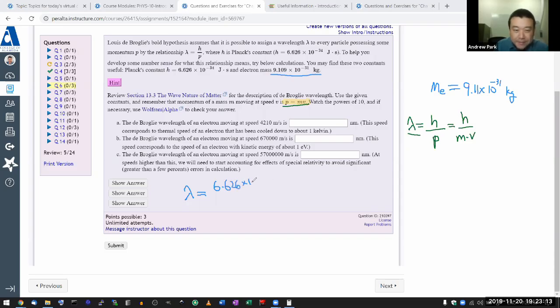6.626 times 10 to minus 34 joule times second divided by the electron mass times the speed. So, 9.11 times 10 to minus 31 kilogram times velocity, 4210 meters per second.